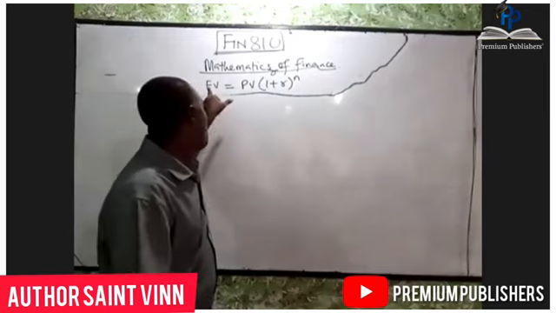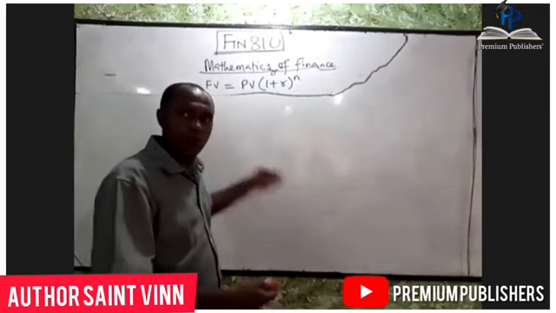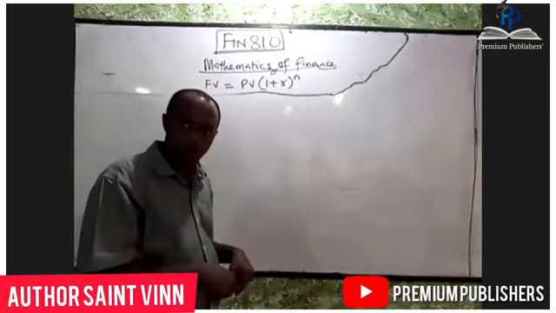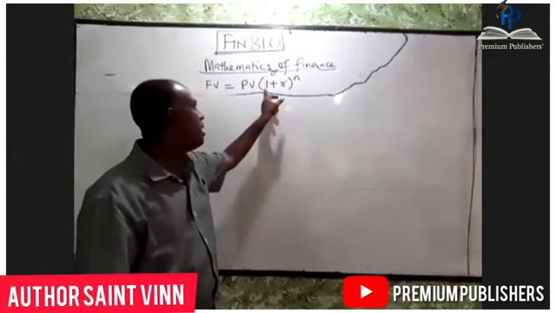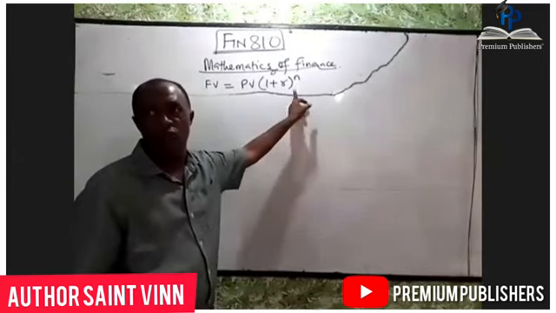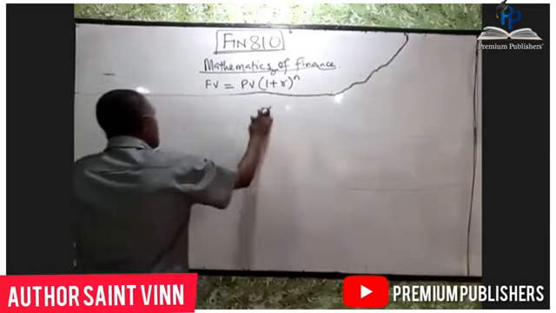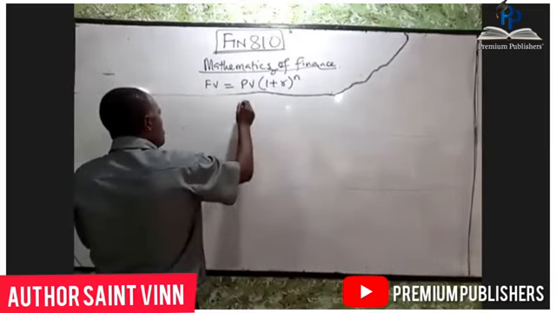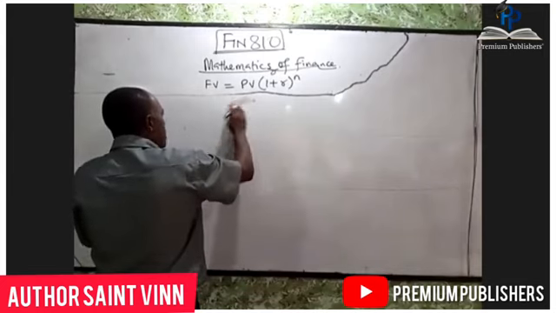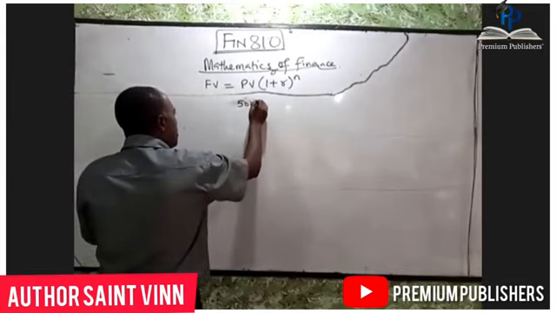So I can only find future value of money when I know the present value compounded by the interest factor, given the number of what? Years.